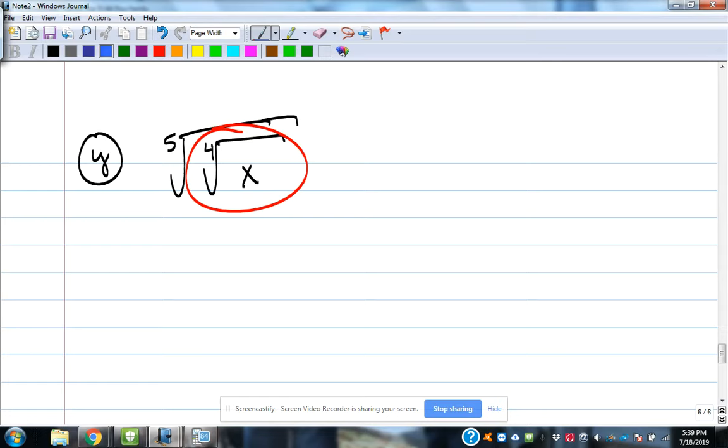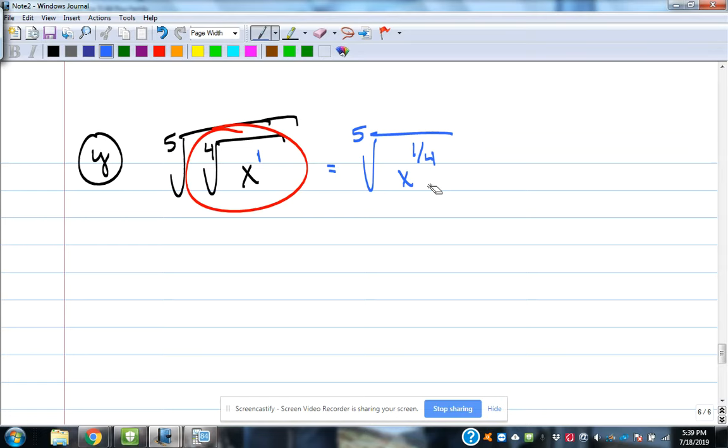We're going to convert the fourth root of x into x to what power? It'll be the 1/4, because the exponent on the x is a 1, and the index on that part is a 4. So now we've got this new problem: the fifth root of x to the 1/4 power.